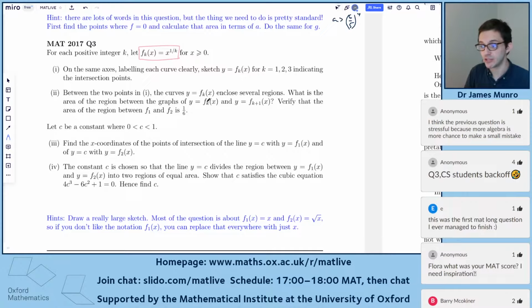There's even this general question with the value of k in here to say what's the area between those two.